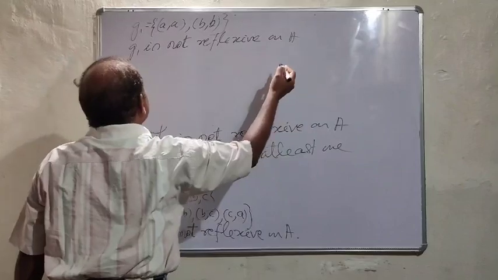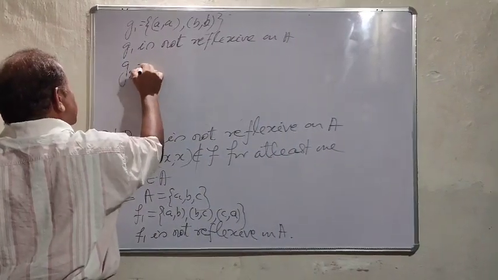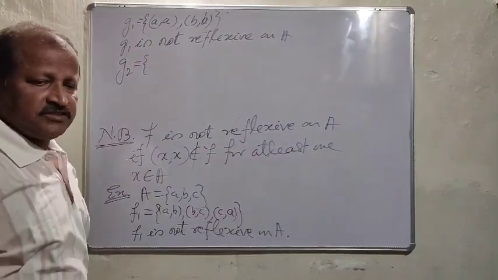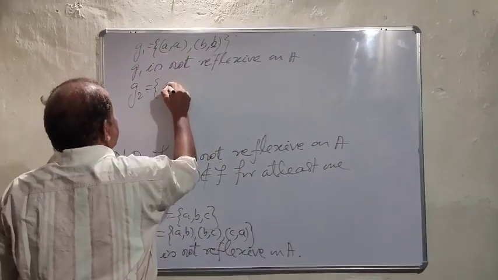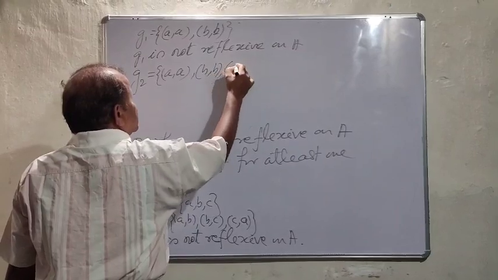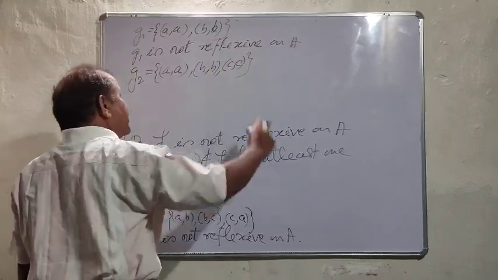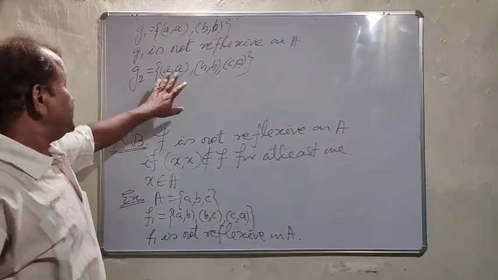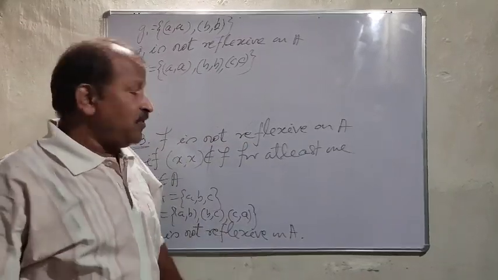Suppose I take another set G2: A, B, C. Okay. Now you see, it is reflexive. Why?